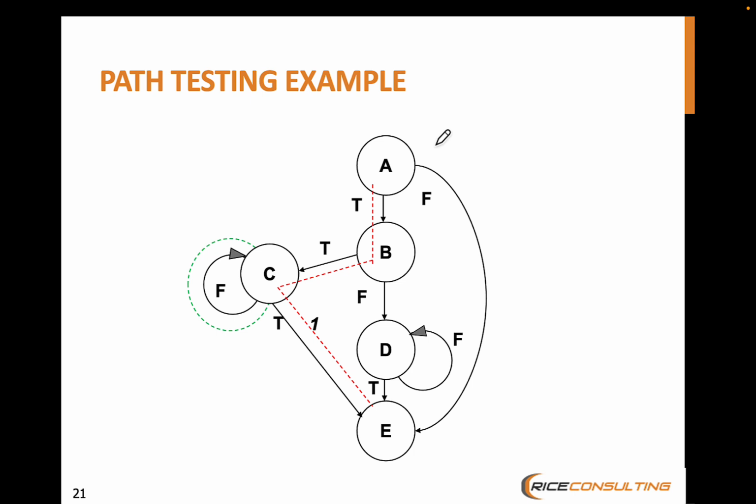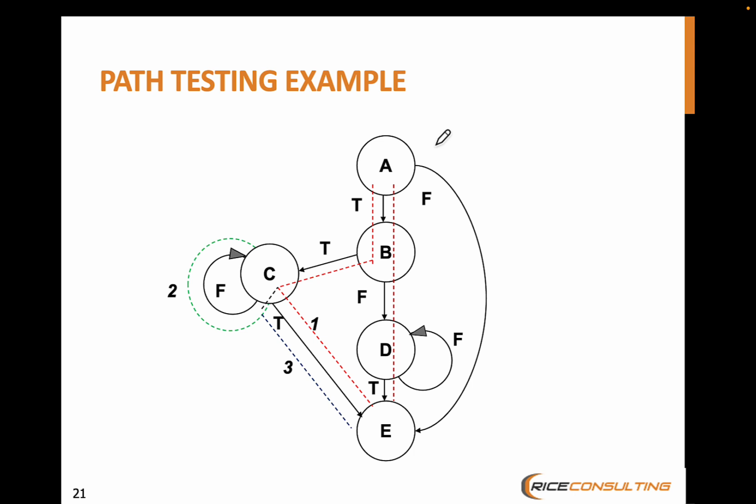If you stay in that loop where C is false, that becomes path 2. And then we have the possibility where B is true and we have C going through false, coming out true. That's the third path.